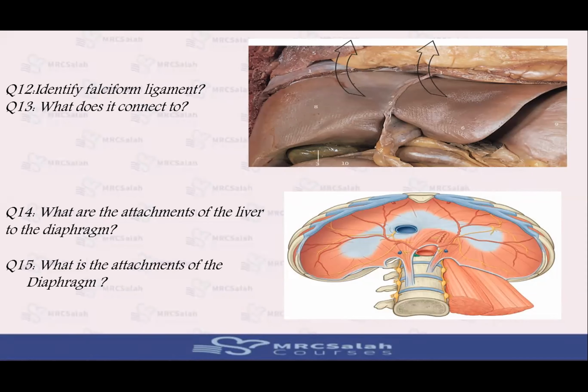Okay. He's asking in general, so that would be the xiphoid process of the sternum, the inner surface of the lower six costal cartilages, and L1, 2, 3.